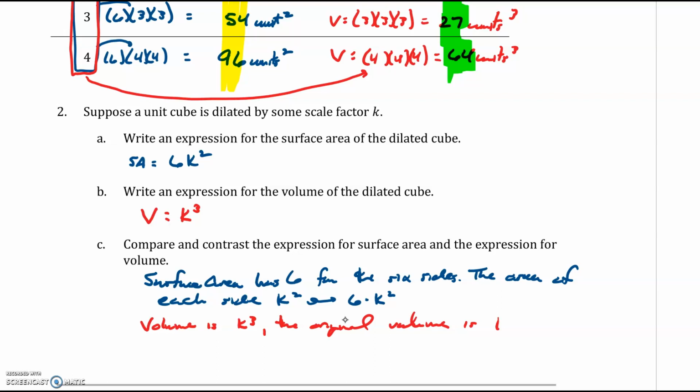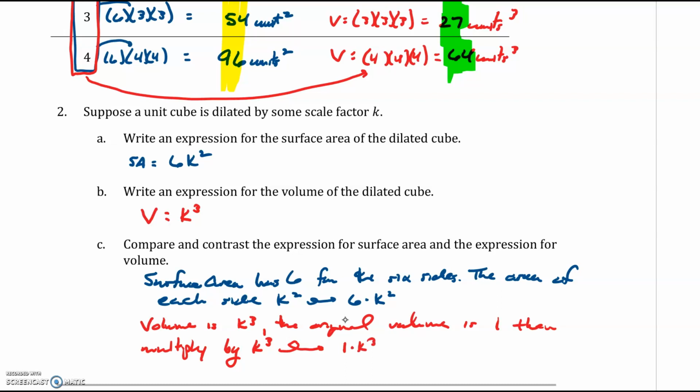So we can really think that we're going to multiply that by the scale factor cubed. So my volume, if you really think about it, is the original 1 times k cubed.